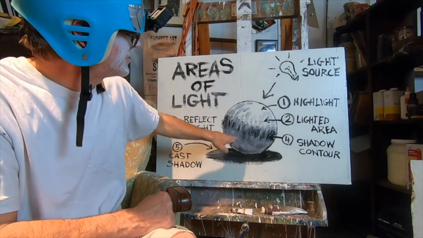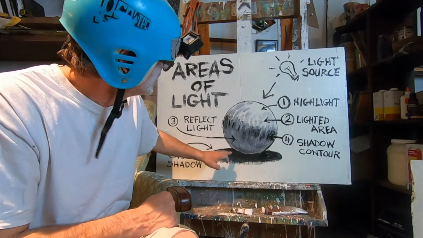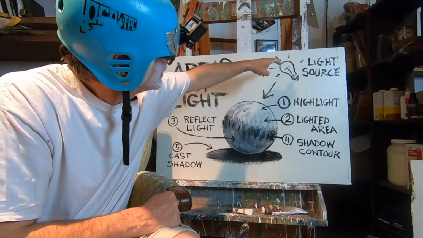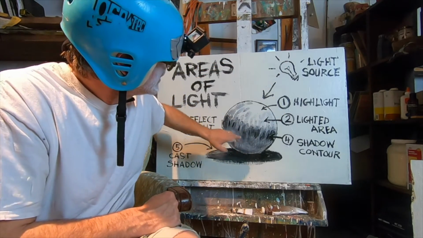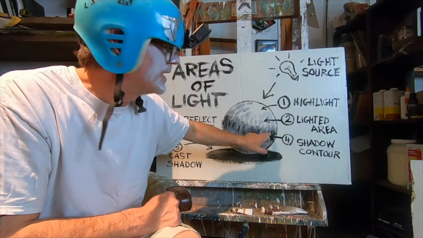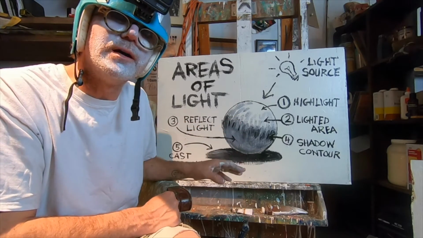the reflex area, because this area is getting bounce light from this surface. And then this area, the shadow contour, is darker than this, which blew me away when I learned that.